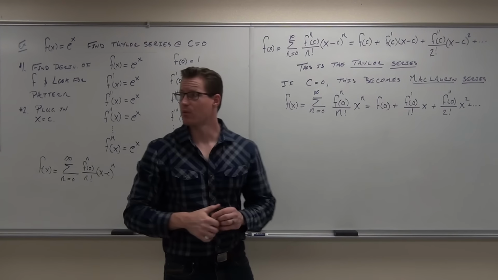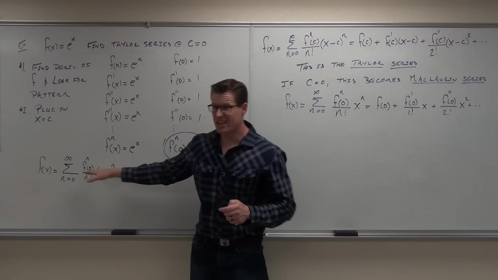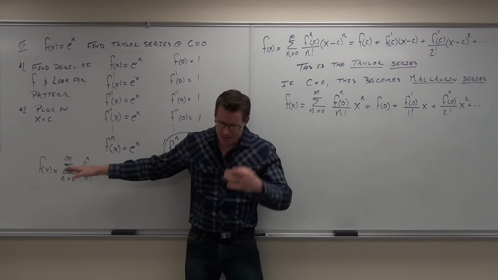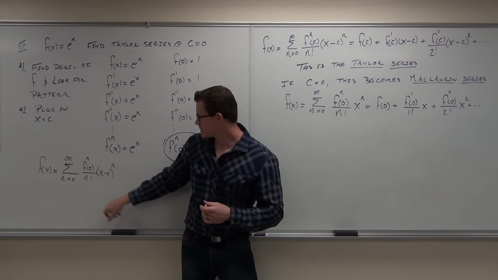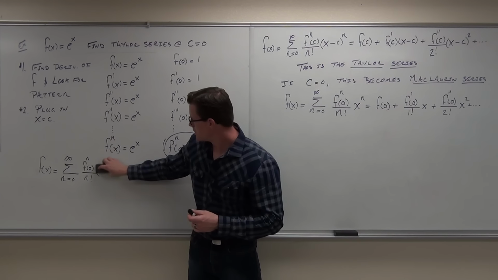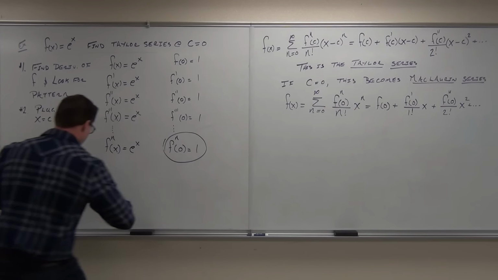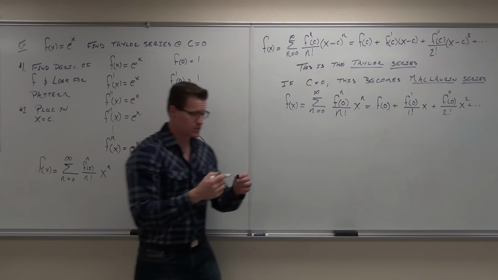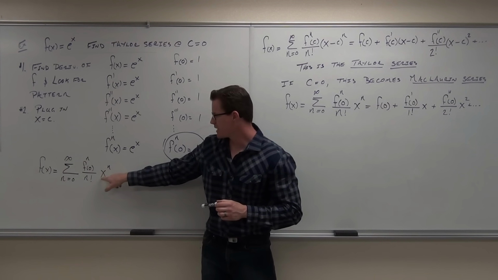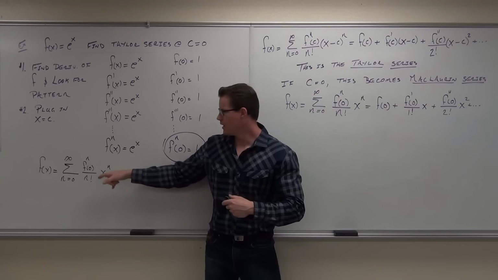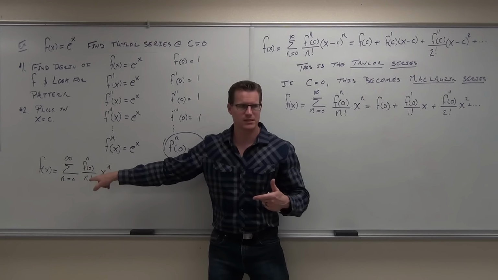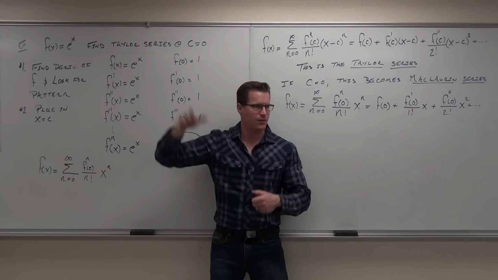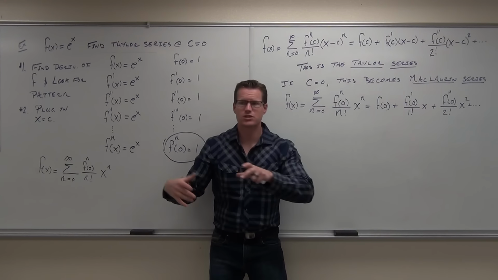Okay, by definition, by what we just proved, this is the Maclaurin series. Actually I'm a little wrong. Just x to the n. This is the Maclaurin series if I just do x to the n. It's a Taylor series at 0 because when I do 0, I'd have x minus 0 to the n. I would have a 0 for my c. Show of hands, feel okay with that one. That is a Maclaurin series. That's a Taylor series at c equals 0.